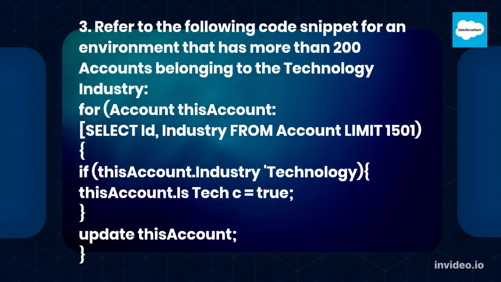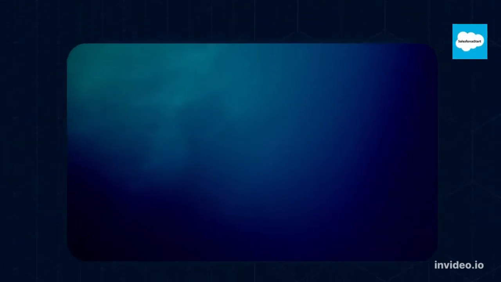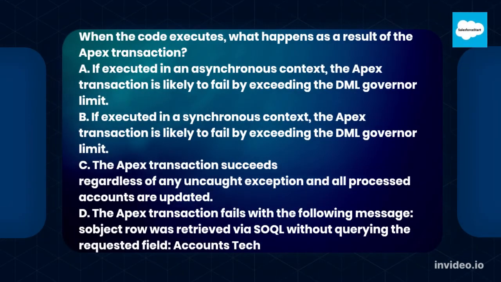3. Refer to the following code snippet for an environment that has more than 200 accounts belonging to the technology industry. Account this_account = [SELECT Industry FROM Account LIMIT 150]; If this account.Industry is technology, this account.Is_Tech__c equals true. Update this account. When the code executes, what happens as a result of the Apex transaction? A. If executed in an asynchronous context, the Apex transaction is likely to fail by exceeding the DML governor limit.